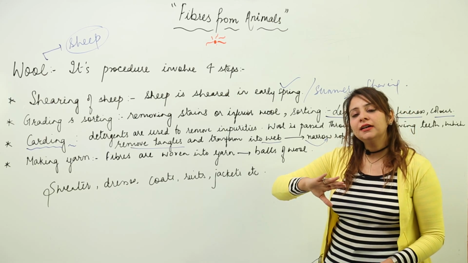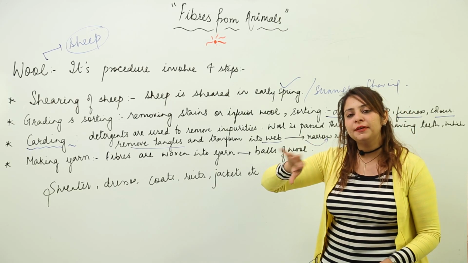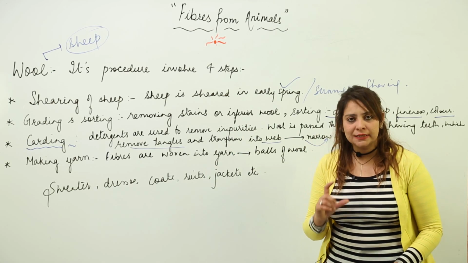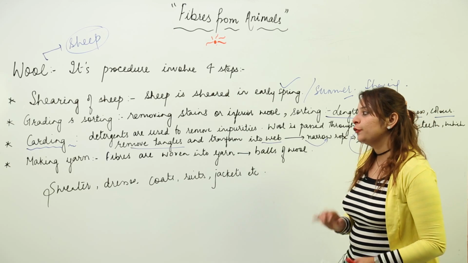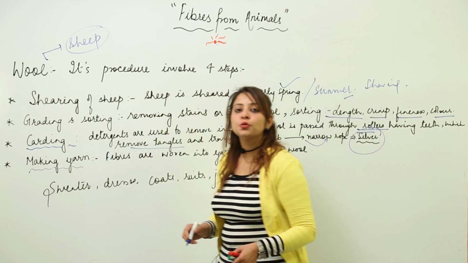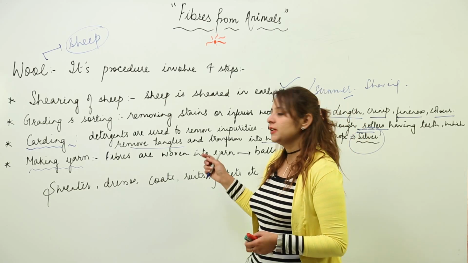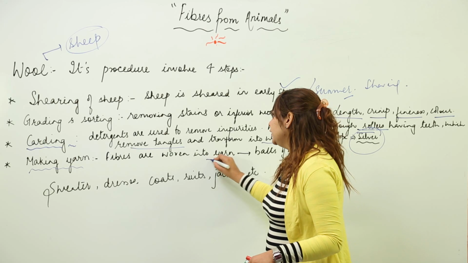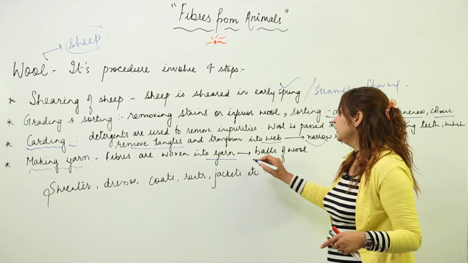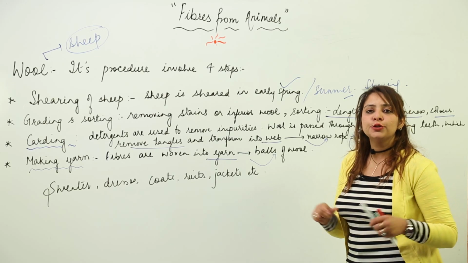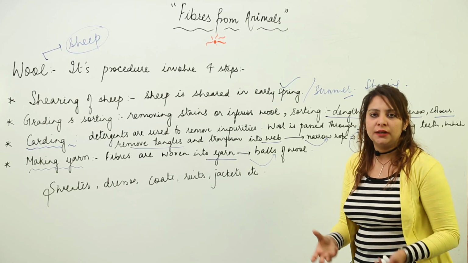Then from the web it is transformed into a narrow rope-like structure, which is called sliver. When the sliver is formed, then it is ready to transform into yarn. Then the fibers, the rope-like sliver, are spun into yarn, and from yarn the small balls of wool are made, which you get in a ready-to-use form in the market to knit sweaters and all.